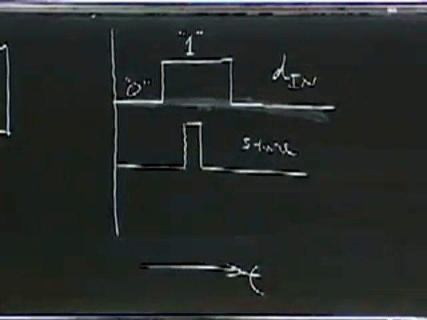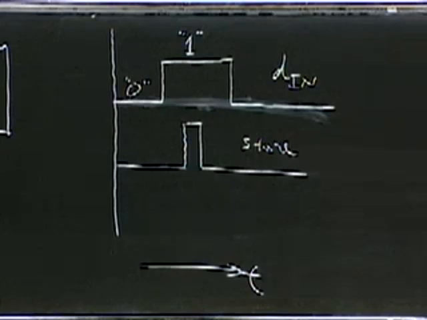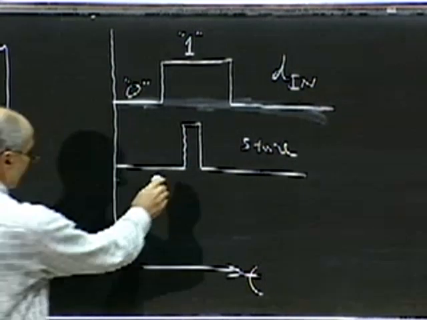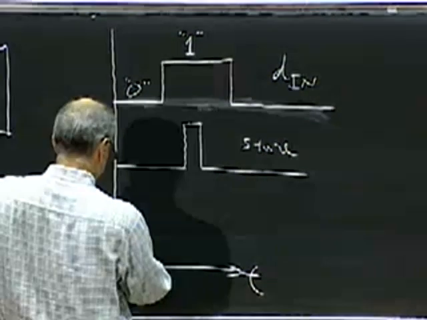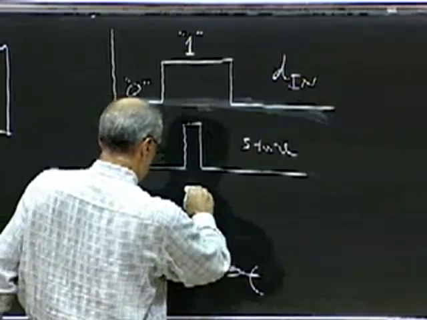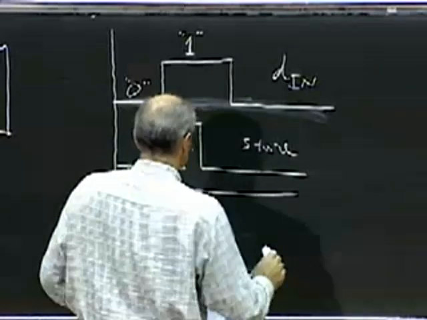Okay? So what does the output look like then in this particular case? Assuming that the stored element was 0 prior to the store, the output, D out, would look like this.